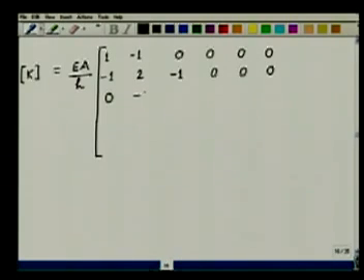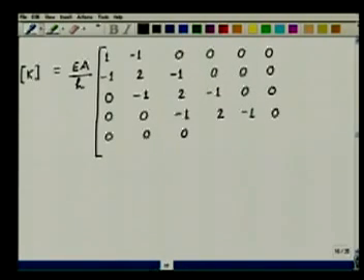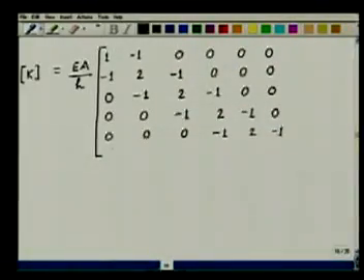Second entry will be minus 1, third will be 2, minus 1, 0, 0. So I continue the process, 0, 0, minus 1, 2, minus 1, 0, 0, 0, 0, minus 1, 2, minus 1, and the final equation 0, 0, 0, 0, minus 1, 1.